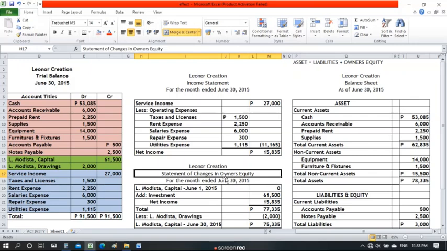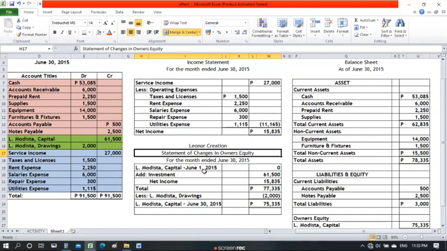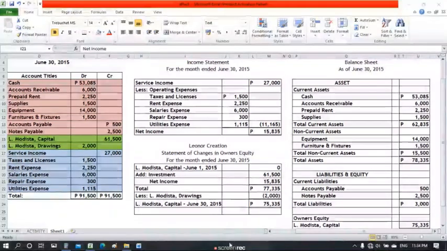After that is the preparation of the statement of changes in owner's equity. You need to write the beginning capital, if none, 0. And then add the investment. If your income statement shows a net income, then less the drawing. Net loss is also deducted if that is the result from the income statement.